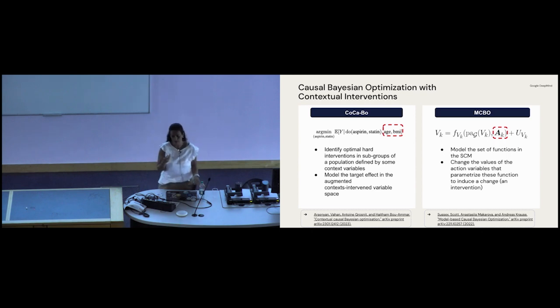The shortcoming of this approach is that they use a model on the contextual variable, the intervened variable, and the target, and you need to have access to the context before deciding which intervention to give. You're a doctor, you have a patient, the patient tells you these are my contexts, and then you decide which treatment to assign.